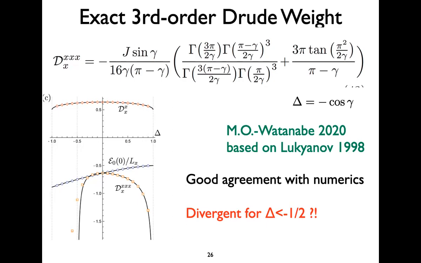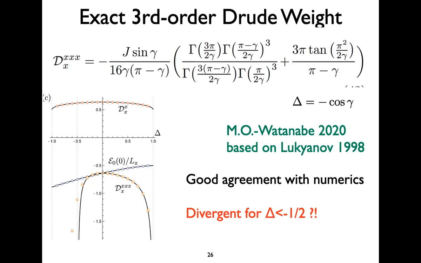And this is the exact expression for the third-order Drude weight in the XXZ model. Delta is the anisotropy parameter in the XXZ chain, or the interaction strength. When delta is parameterized by gamma, the third-order Drude weight is given by a ratio of gamma functions like this. And this formula agrees well with numerical calculation. So it seems to work.